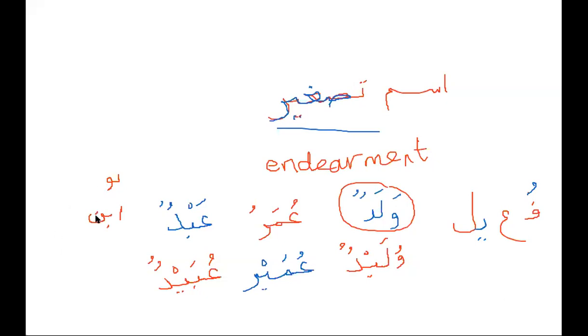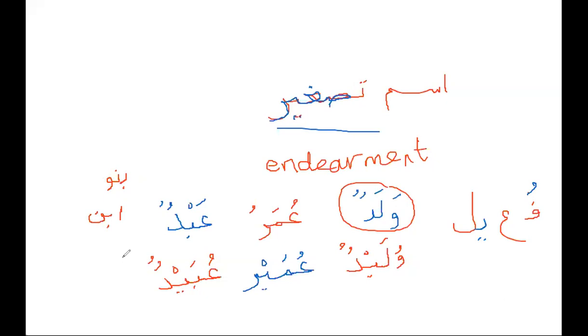So the origin of the word Ibn is Banu, or Banawun, or even Banayun, it could be a ya; the origin of this waw.